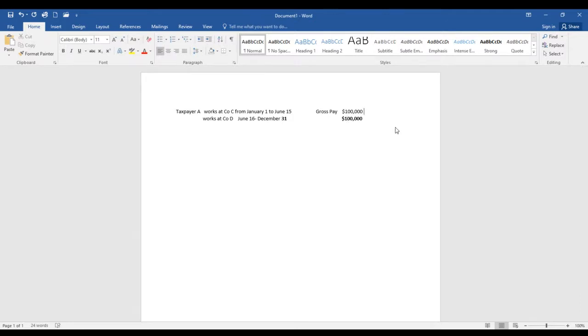Now here's how Social Security works. Remember Social Security, you stop paying once you reach a certain level, 142,800. So taxpayer A here pays $6,200 when they're working at their first job. Now, when you go to work at a new job, your employer doesn't ask how much you made so far this year at your other job. No, they act like this is your first job of the year.